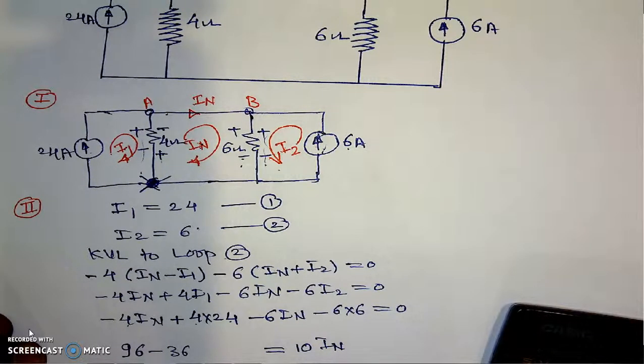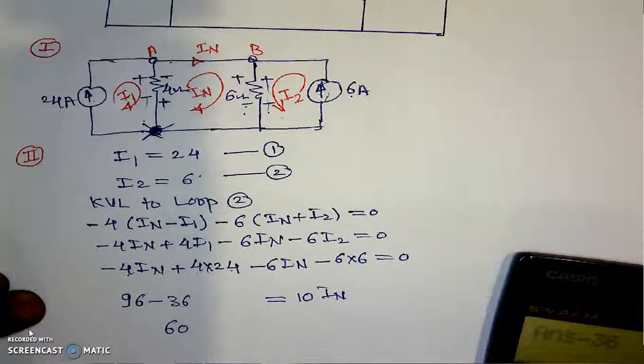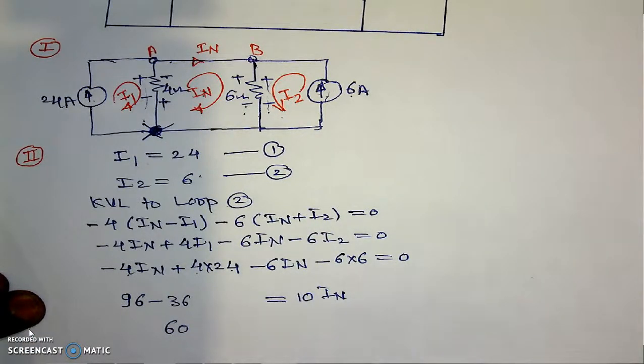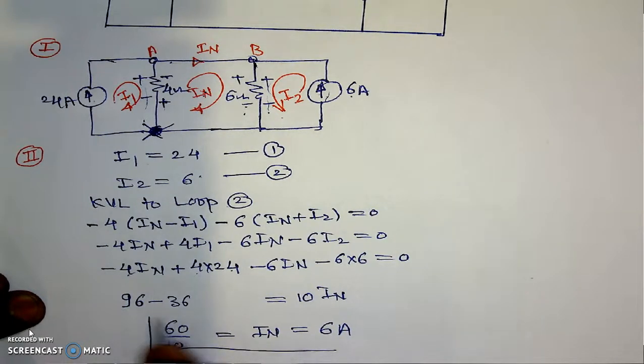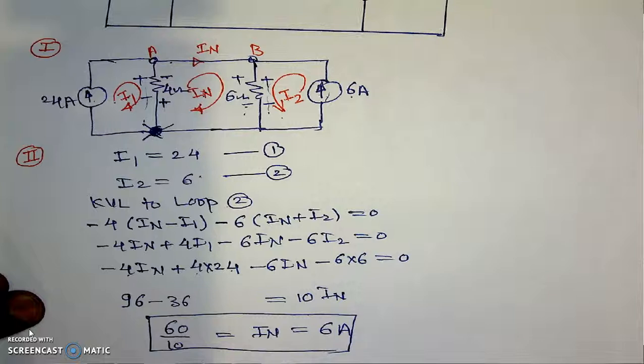This 60 divided by 10 will be the IN, which is 6 amperes. Now we know the IN, that is current in the short circuit, which is Norton's current.